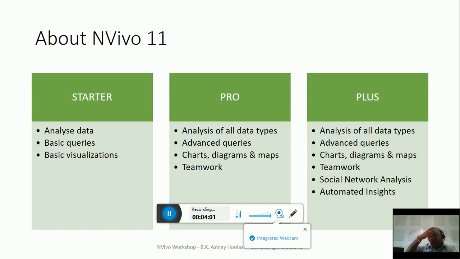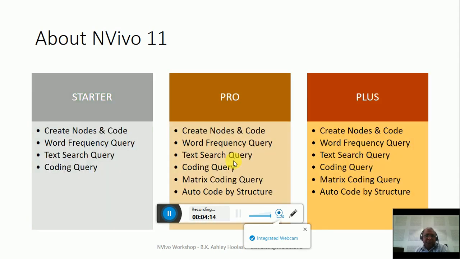Like I've said, I'm not going to spend time giving the differences between them because we do not have to choose. We have only NVivo 11 Pro here. So briefly, that's what the NVivo 11 Starter, Pro, and Plus do.